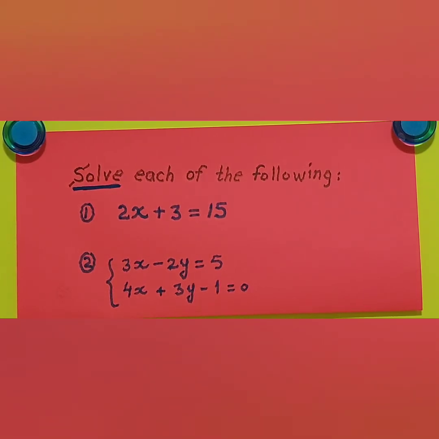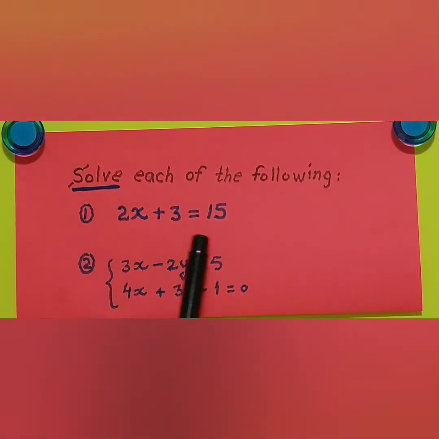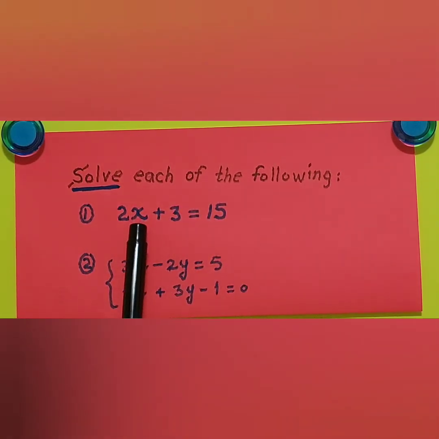In this video, I will show you how to deal with equations. We have here two equations with different kinds of equations. The first equation contains only one equation with only one variable, or one unknown quantity.